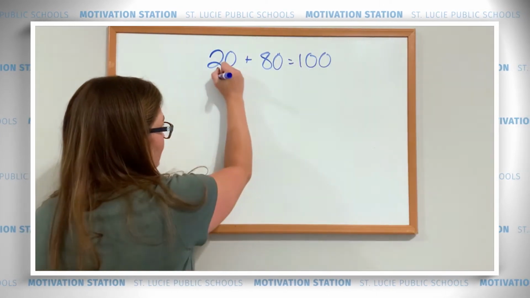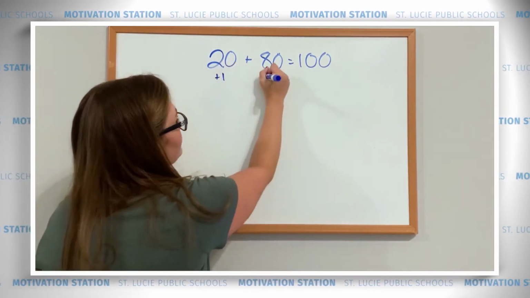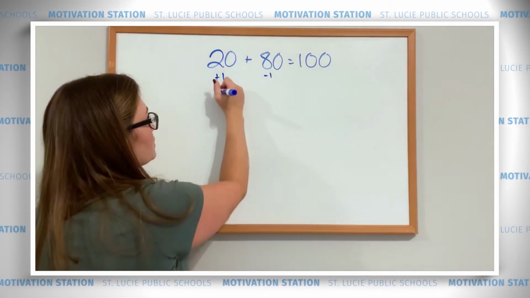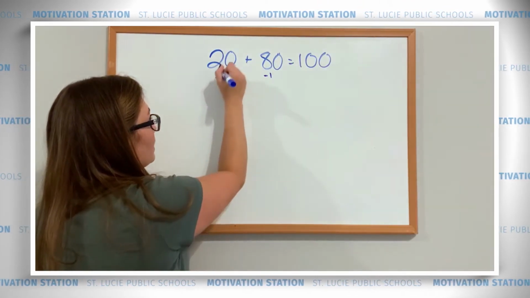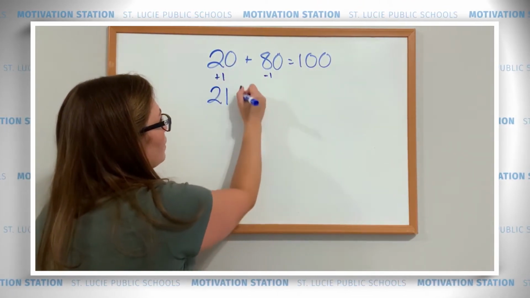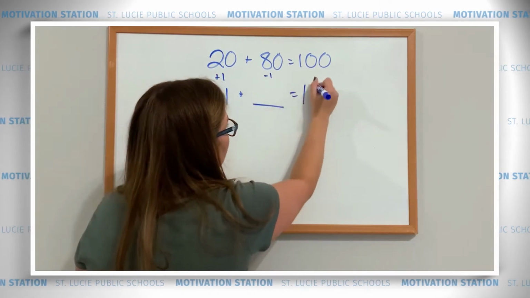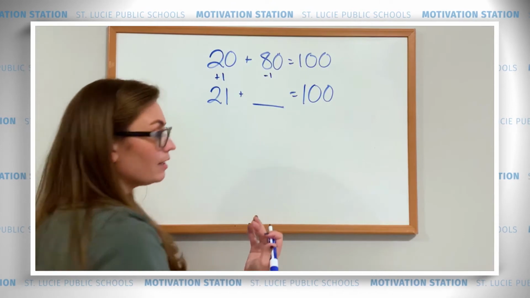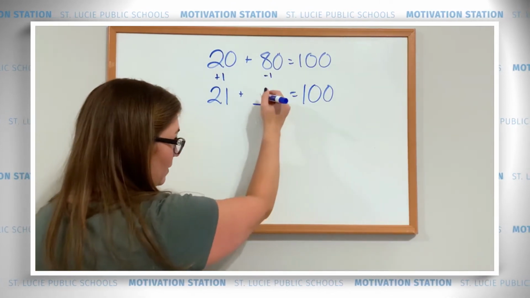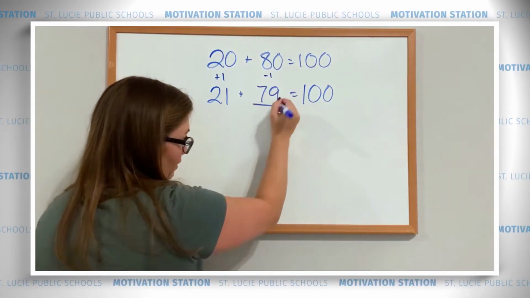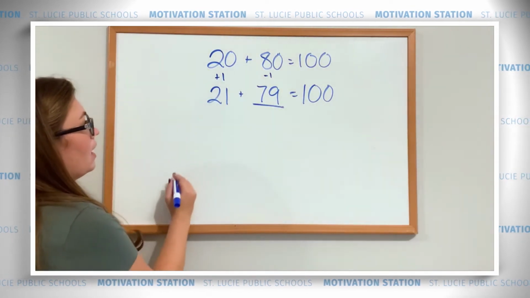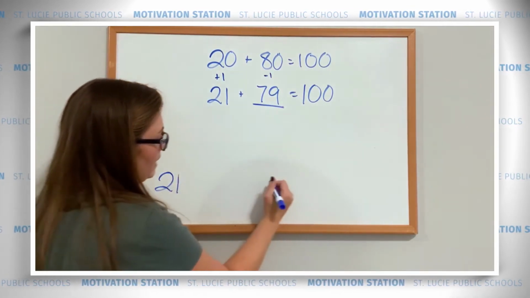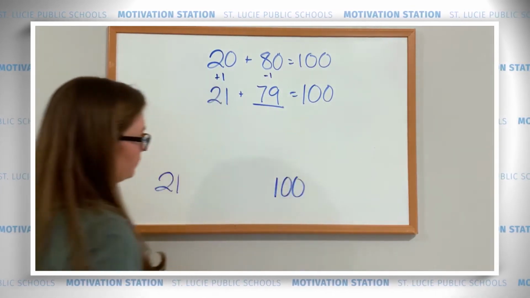So let's say I add 1 here and subtract 1 here. This would be 20 plus 1 is 21, which means to get to 100, I added 1 here, so I'd have to subtract 1 here. So this should be 79. Let's check it. I have 21 and I need to get to 100.